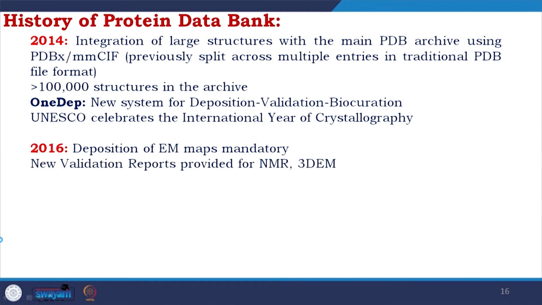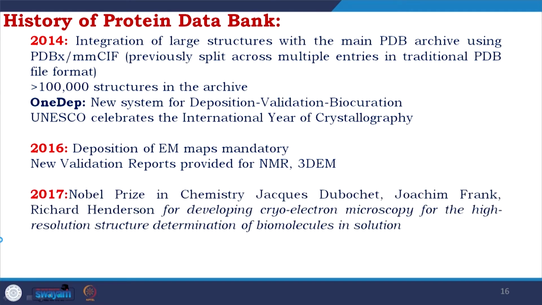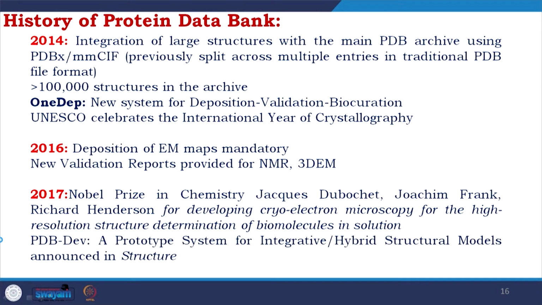In 2016, new validation reports were provided for NMR and 3-dimensional electron microscopy. In 2017, as I was talking about, the Nobel Prize in Chemistry to Jacques Dubochet, Joachim Frank, Richard Henderson for developing cryo-electron microscopy for the high resolution structure determination of biomolecules in solution. We have discussed this already.